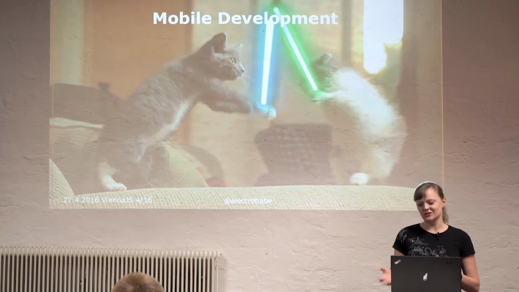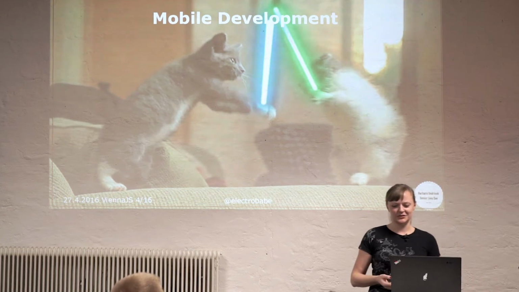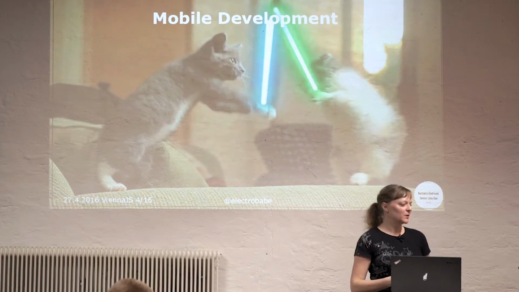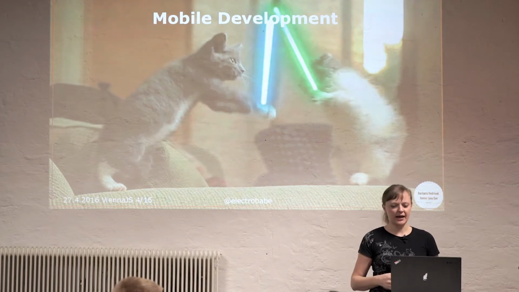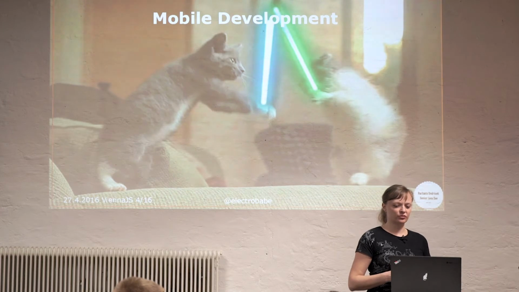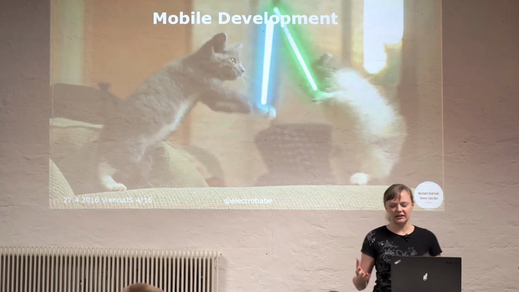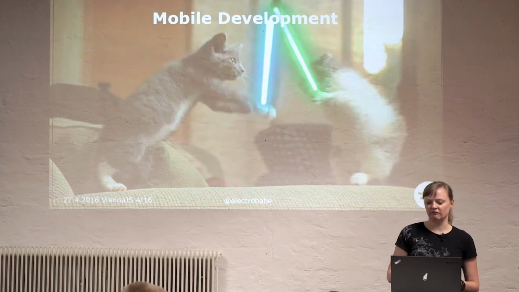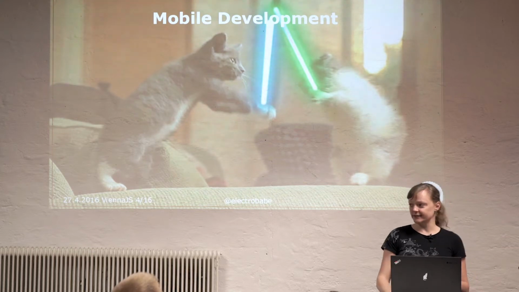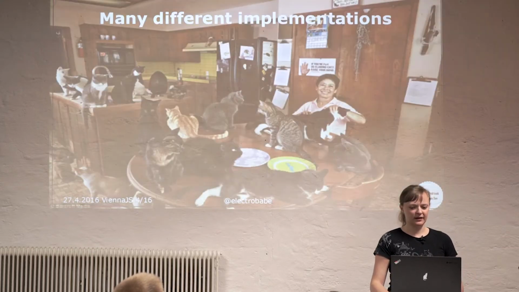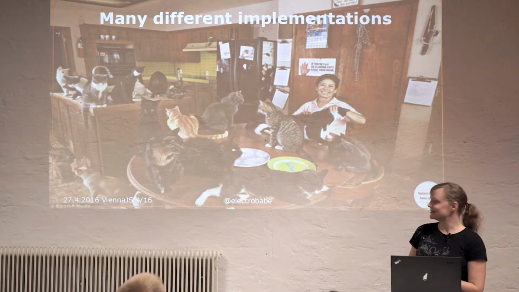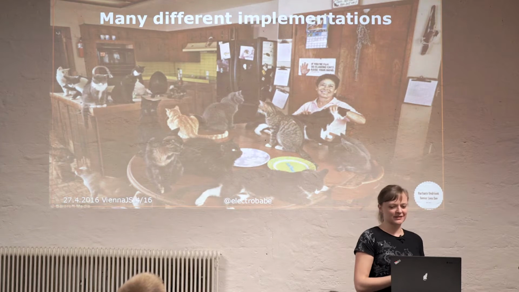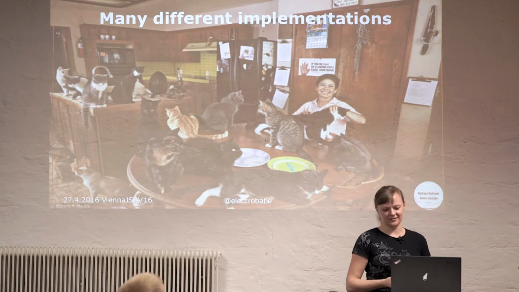So when you want to implement a mobile version of your service, you have to consider also implementing a super responsive, mobile-optimized website too, because everything is going mobile. Or you have to choose which different native implementations for the various OSs you implement, and you end up with many different implementations of the same stuff, which is pretty hard to maintain.